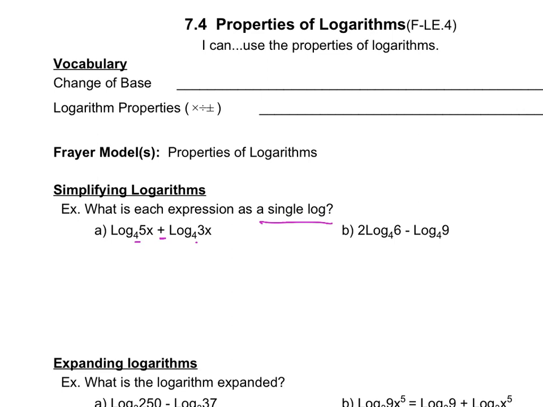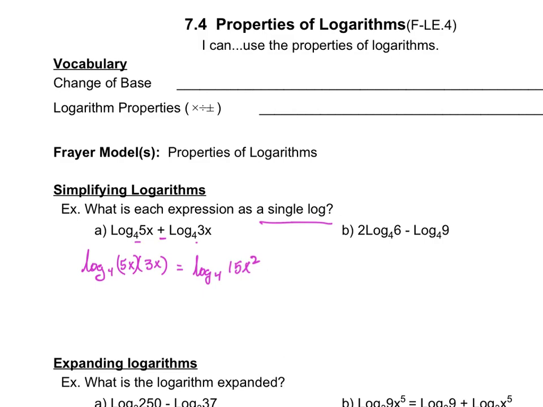That is the same thing as multiplication. So I should be able to bring these back together as log of base 4 of 5x times 3x. Now we can simplify that more to the log of base 4 of 15x squared. And that would be a single expression.